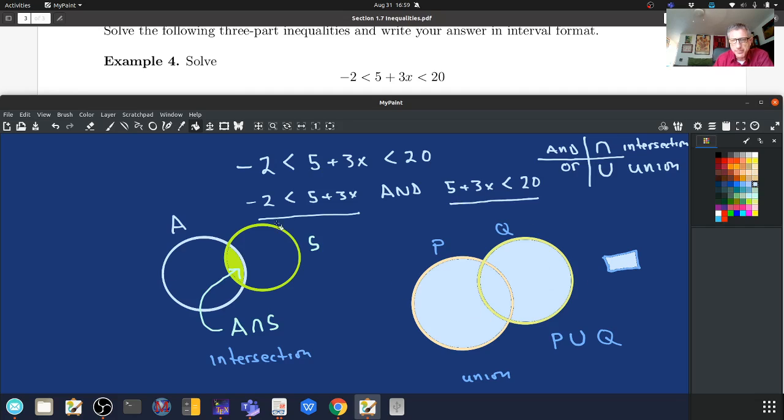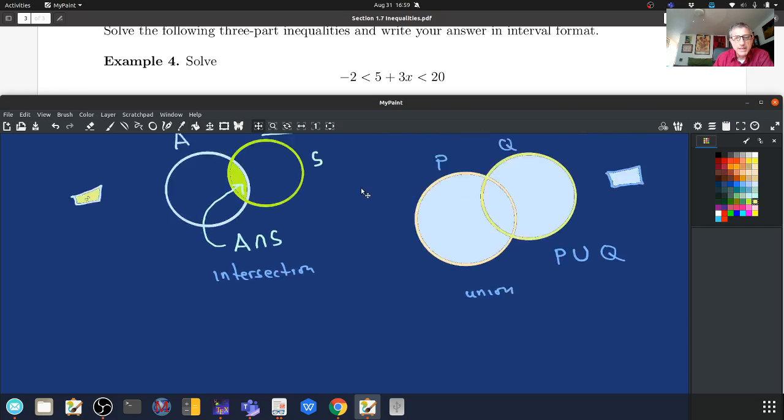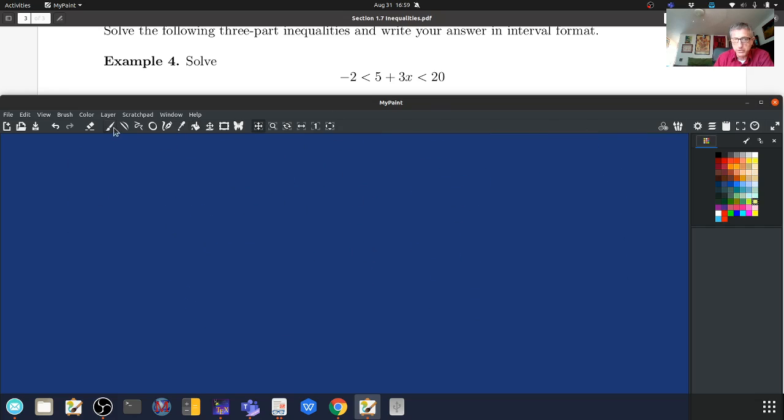Intersection, this part in here, union, this part here. Anyway, that was just to review those concepts. We don't really need those concepts to solve this.